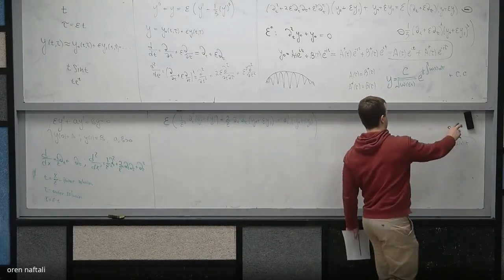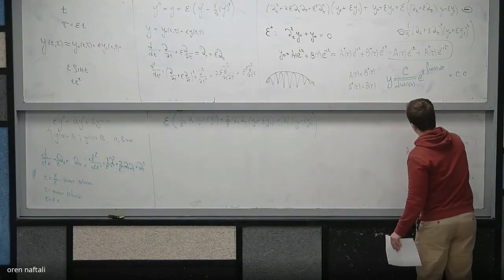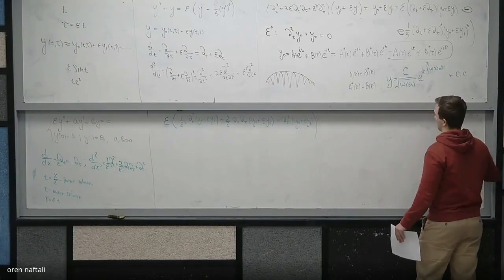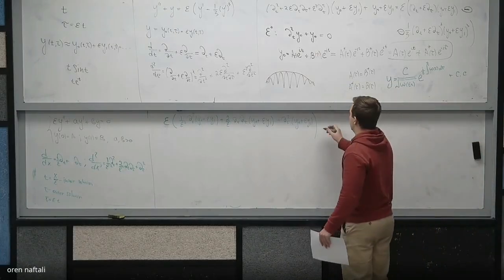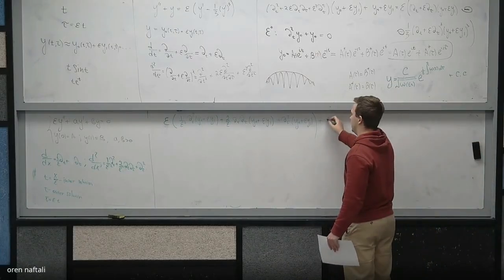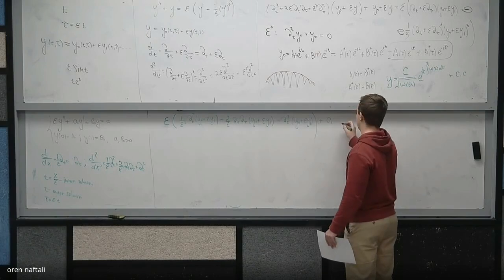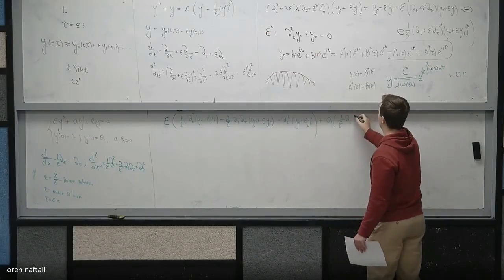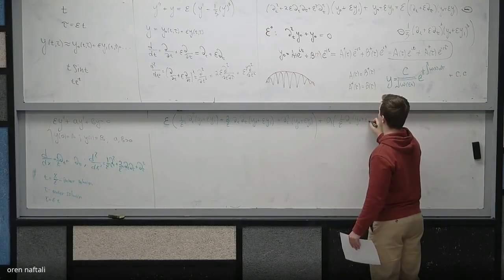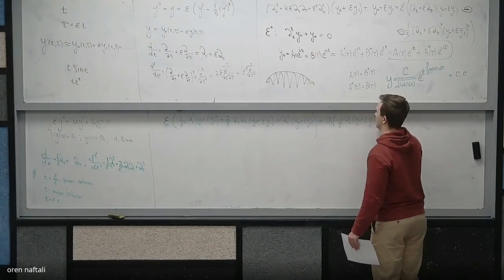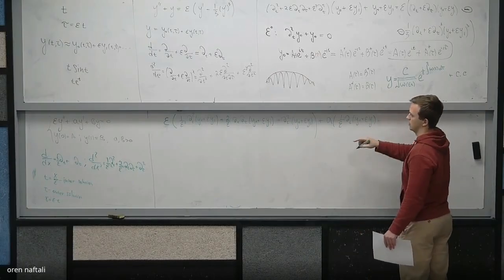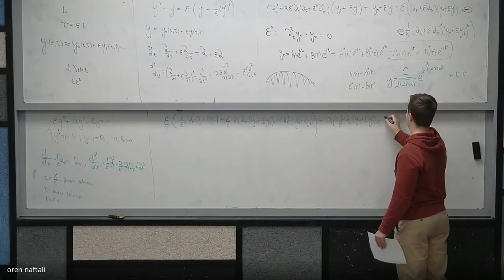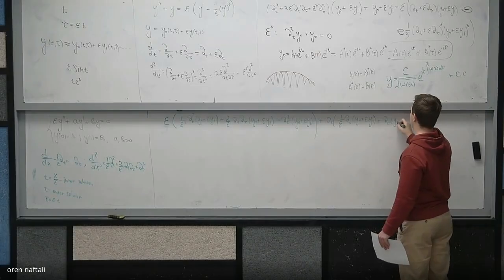Then for the second term, it is plus a times 1 over epsilon dt of y naught plus epsilon y1, and then plus d tau of y naught plus epsilon y1.